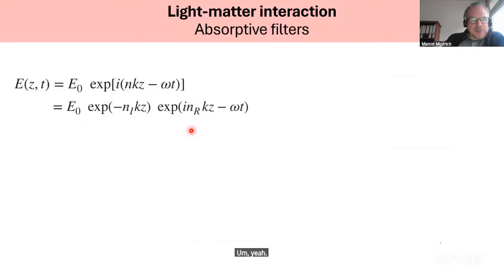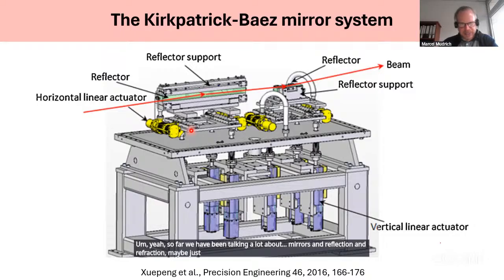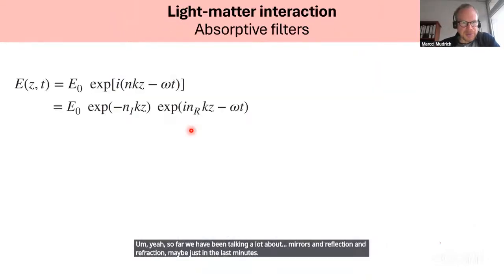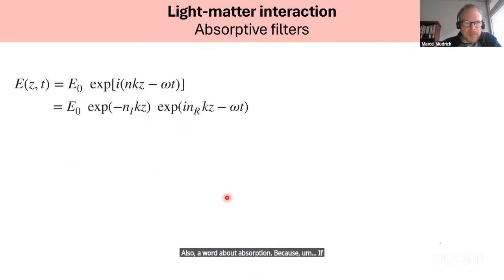So far we have been talking a lot about mirrors and reflection and refraction. Maybe just in the last minutes, also a word about absorption, because if we look again at our electric field, the electric wave in the electromagnetic wave with index of refraction n, but n has a real part and an imaginary part, right?